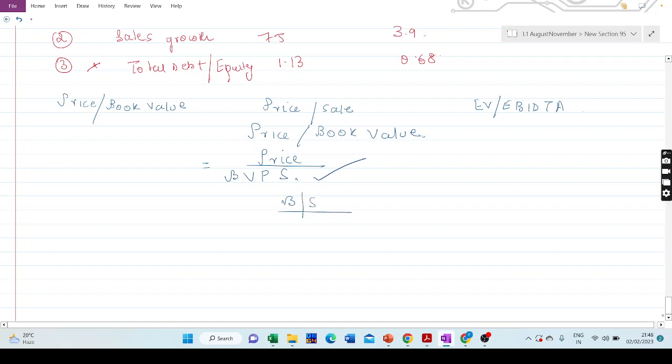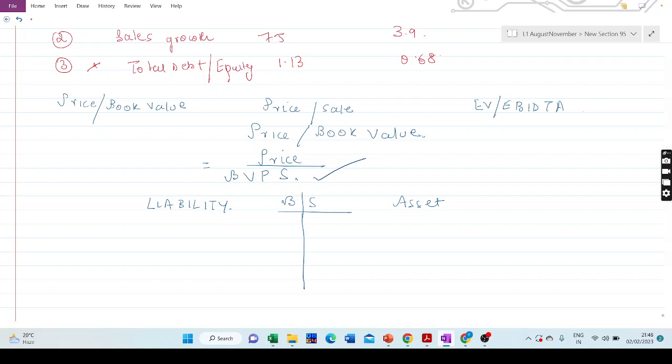So this is your balance sheet, this is your asset side, this is your liability side. In your balance sheet you have, say, current assets worth 400, fixed assets worth 700, and investments worth 400. Now you have your shareholder equity, which consists of share capital and retained earnings.